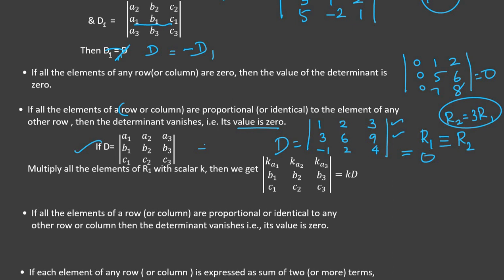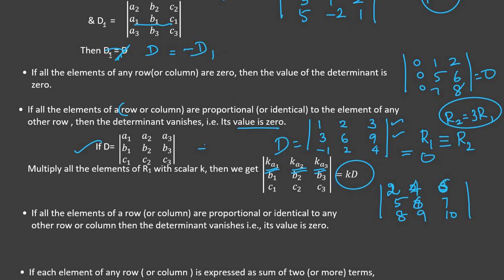Multiply, for example, all the elements of a row of the determinant by some scalar k. Then the value of the determinant itself is multiplied by the same scalar k. For example, we take a determinant 1, 2, 3, 5, 6, 7, 8, 9, 10. If any row is multiplied by 2, for example, multiply the first row by 2, we get 2, 4 and 6.